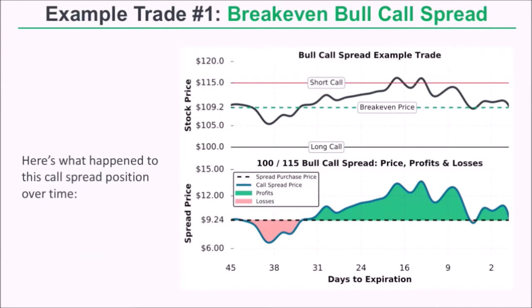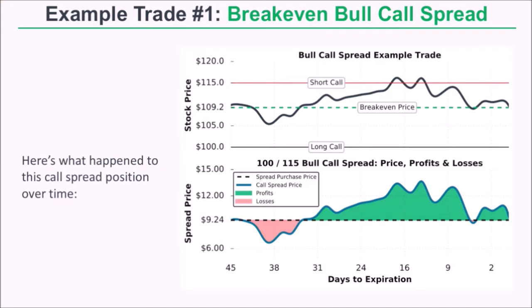So in the top part of this graph, we're looking at the long call strike price, the short call strike price, the break-even price, and we're looking at the stock price in relation to those three things. In the bottom part of the graph, we're looking at the price of the 100-115 long call spread.